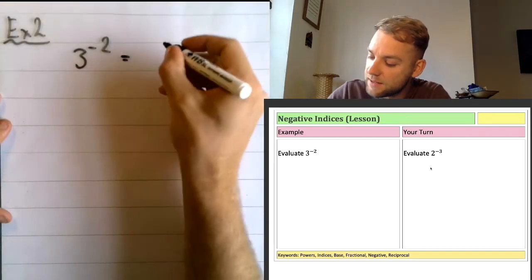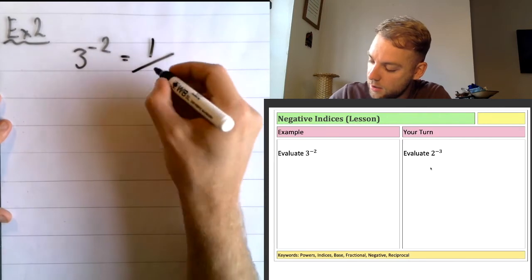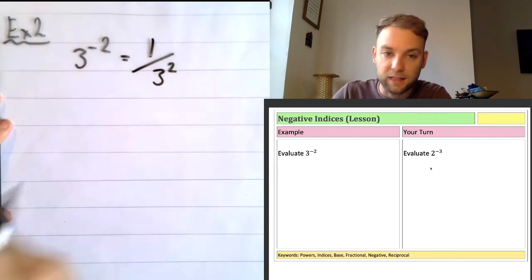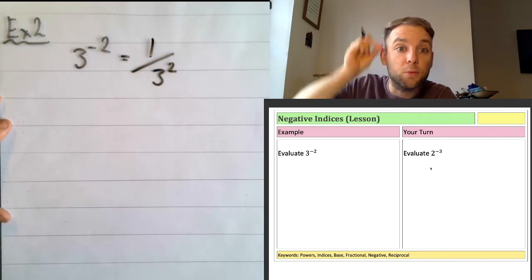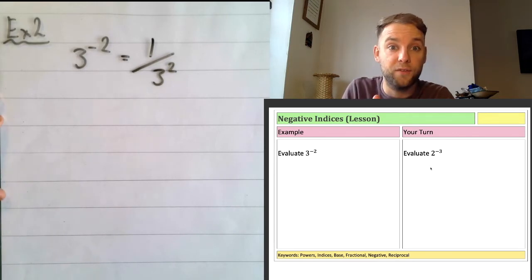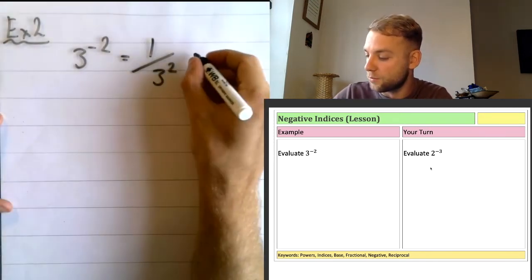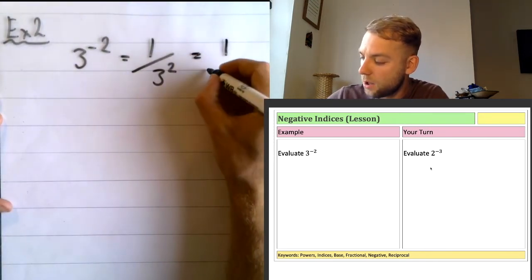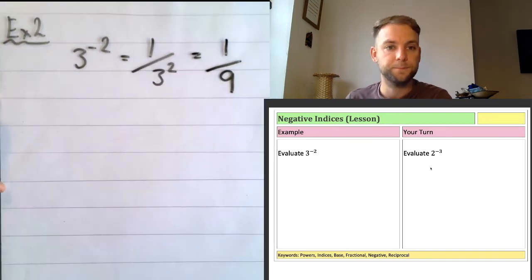So this is the same as saying 1 over 3 squared, like so. The negative means 1 over. Always do that first. And then once you've done that, we can work out what this is. I know that 3 squared means 3 times 3. So this is the same as saying 1 over 9.